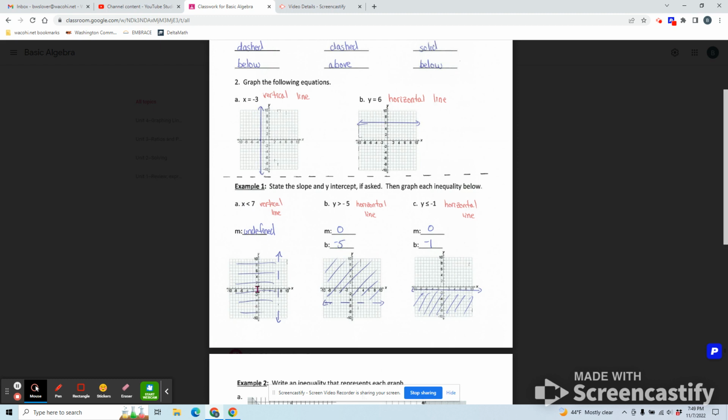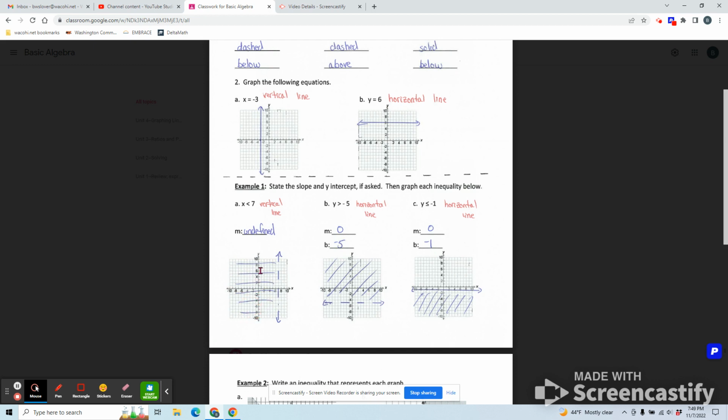So I'm going to go to 7. I'm going to put a point, and I'm going to go up and down. But I'm going to make a dotted line because it says x is less than 7. Okay, I'm not including anything on that line. I'm not including the 7. It's anything less than 7. So I'm going to think logical. If I have less than 7, that means it's going to be to the left of 7. So that's why I shaded everything over here.